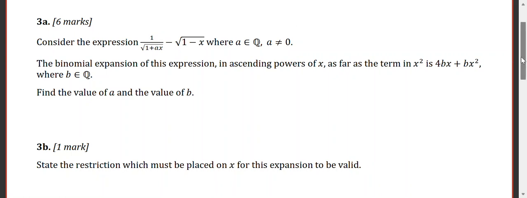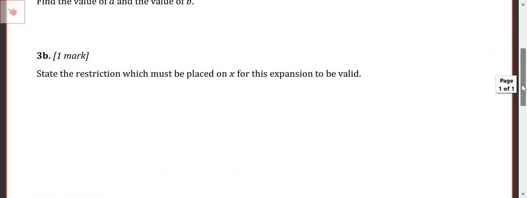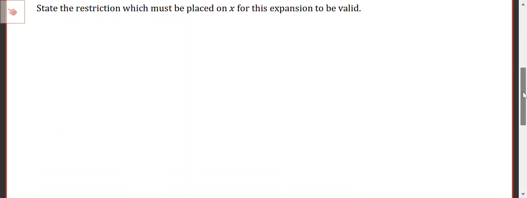All right, well, let's see if we can apply that then. So I'm going to look at each part separately. As you know, it's 1 over the square root of 1 plus ax, minus the square root of... Well, I'm going to do just this bit first. So this one needs to be rewritten as (1 plus ax) to the negative half.